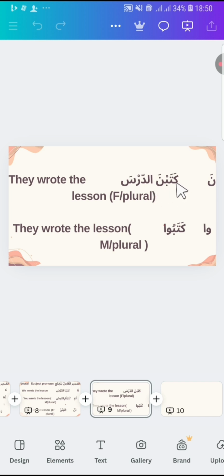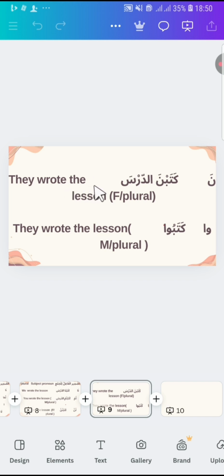Then we have waw al-jama'a and this alif. If they are attached to the root word, the last letter, ba, will carry dhamma. For example, katabu, they wrote.